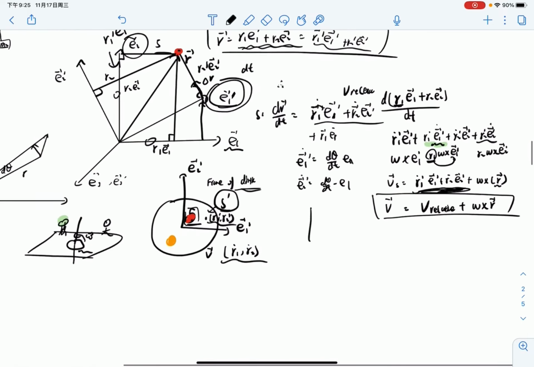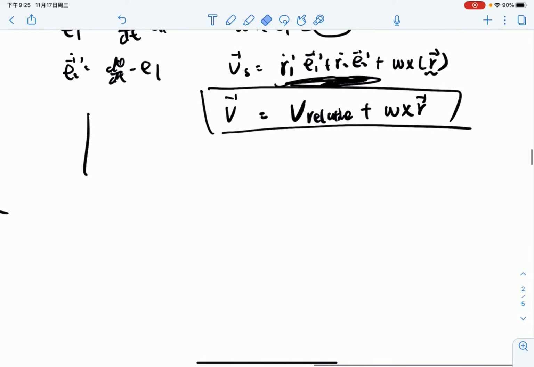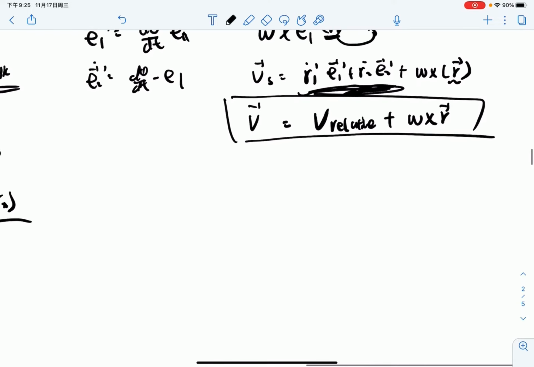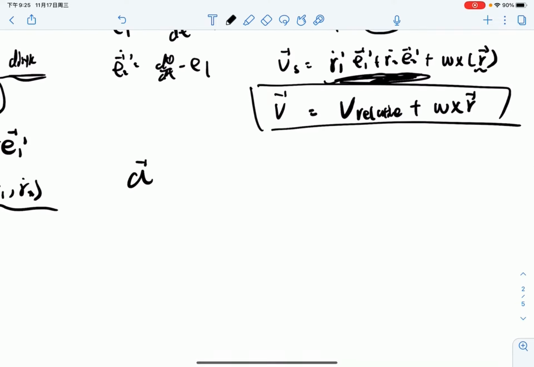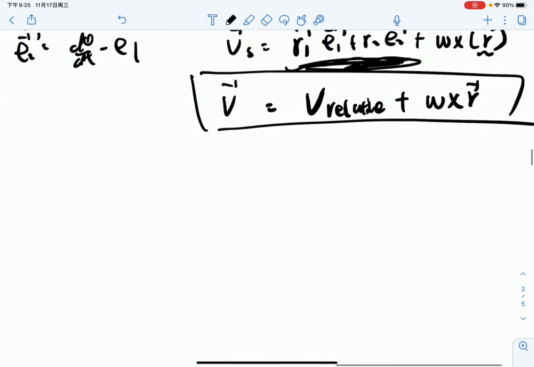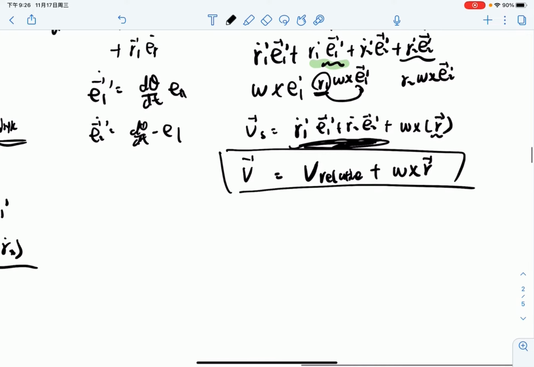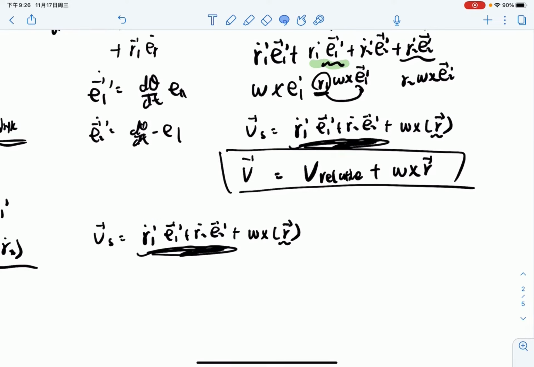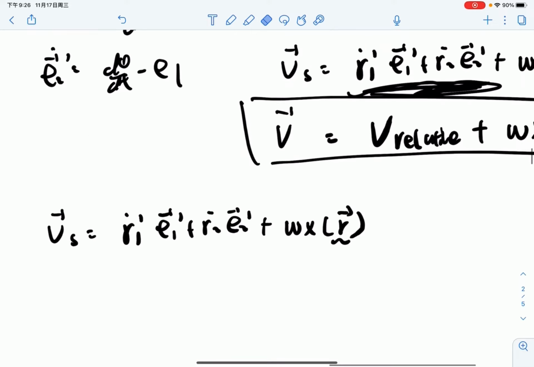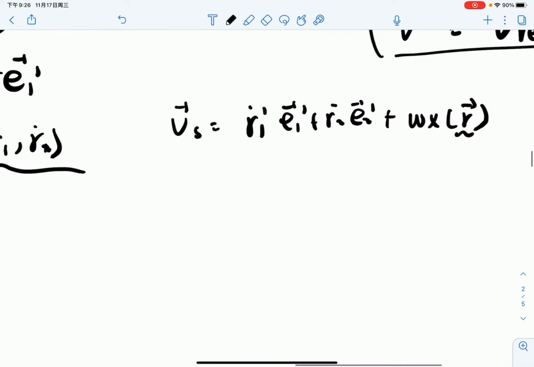And now we're going to see how we can describe the relative acceleration in the rotating frame. So now we need to take the derivative again. For this term, let me just copy it, and we take the derivative.